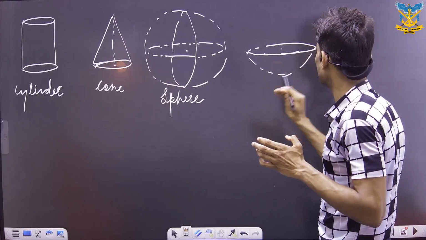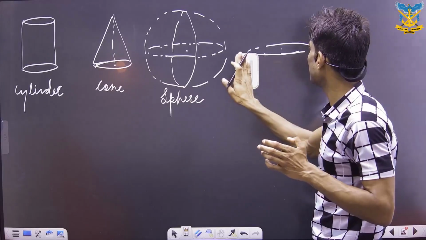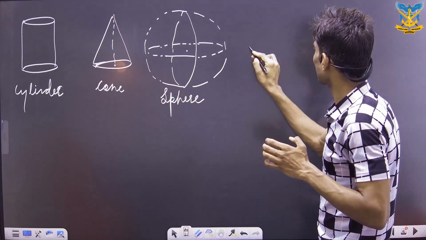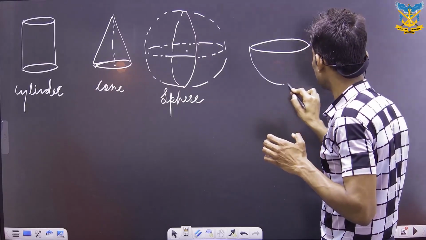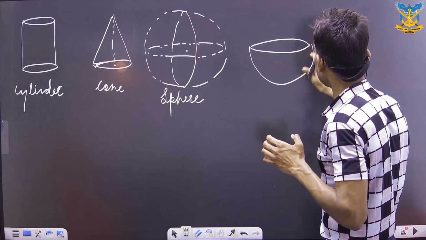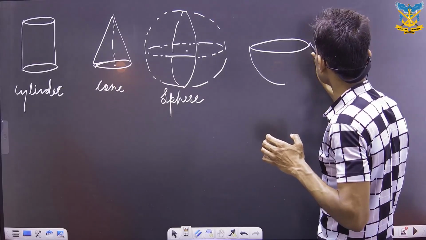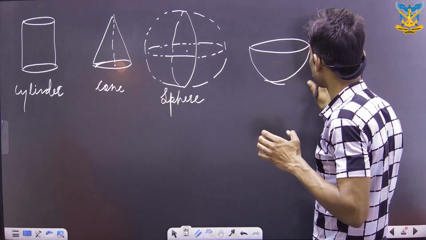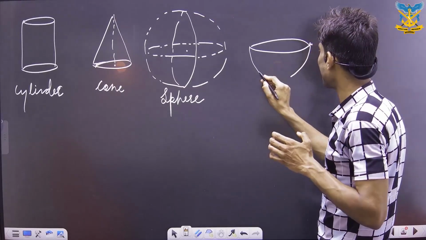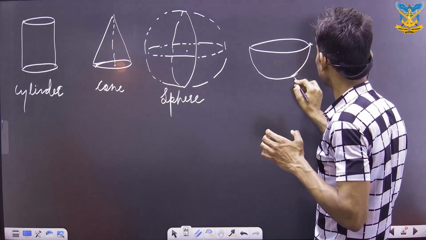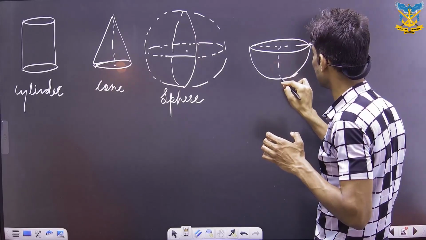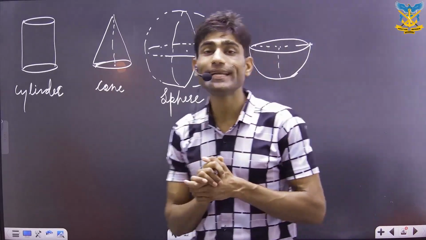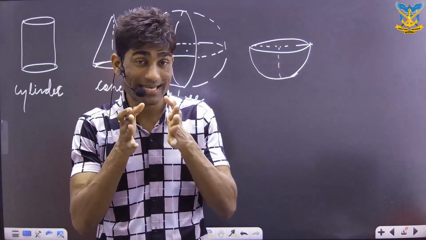Let me draw it again. We can consider this one as our hemisphere. My drawing is not that good, but I can plot the hemisphere here. This is our 3D shape, and we consider it the hemisphere.